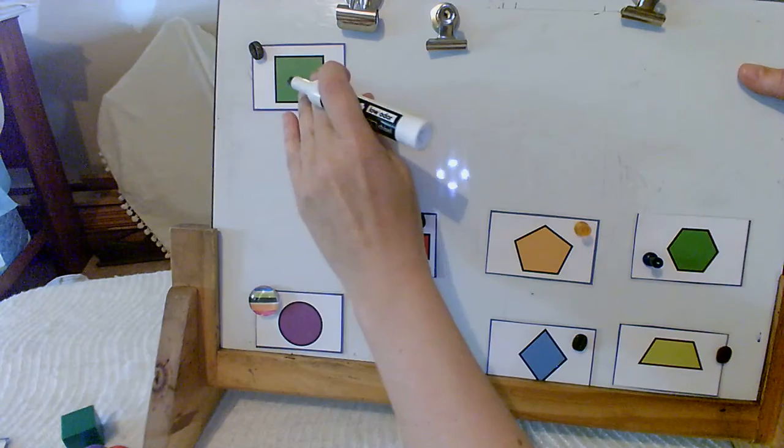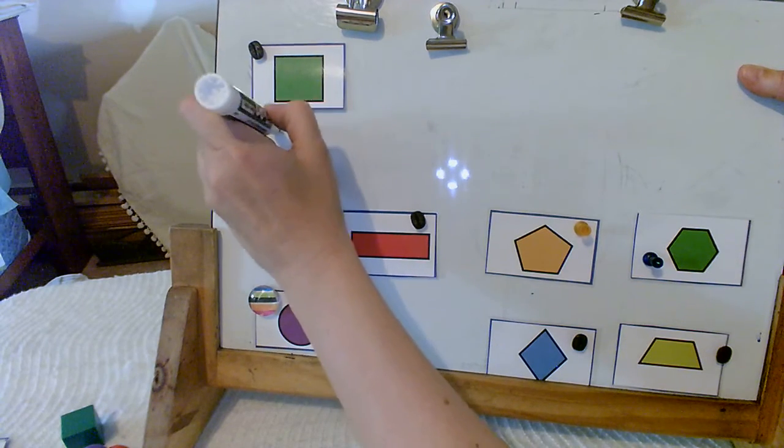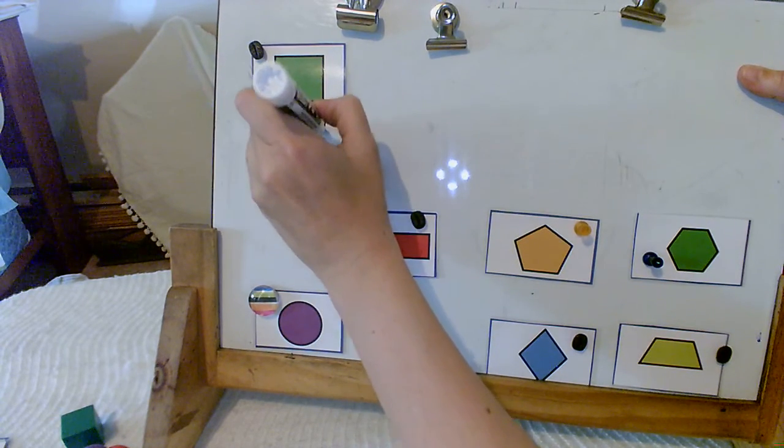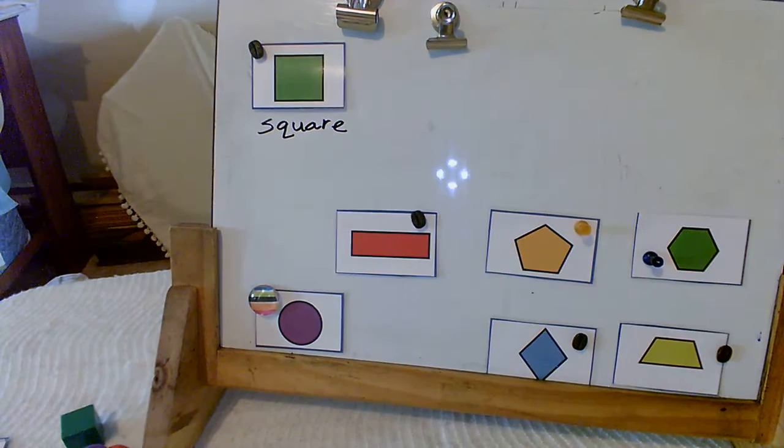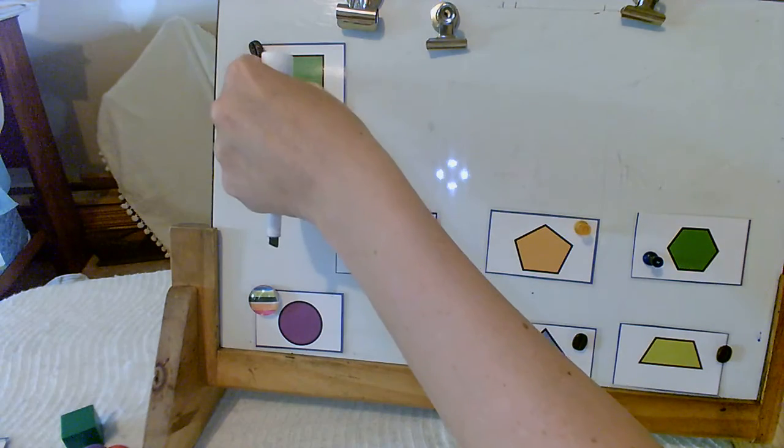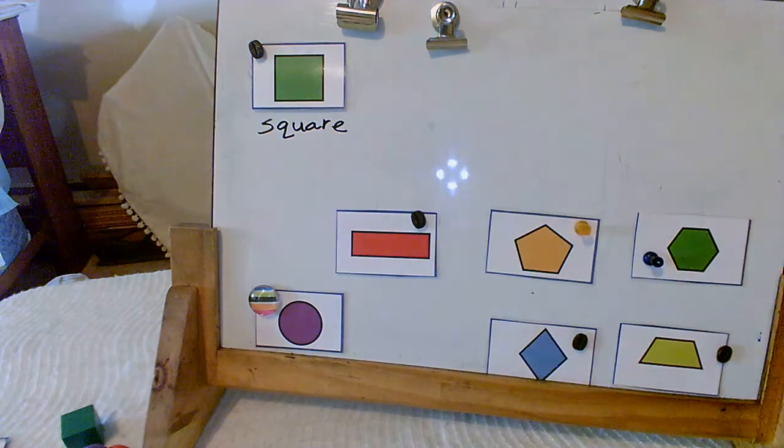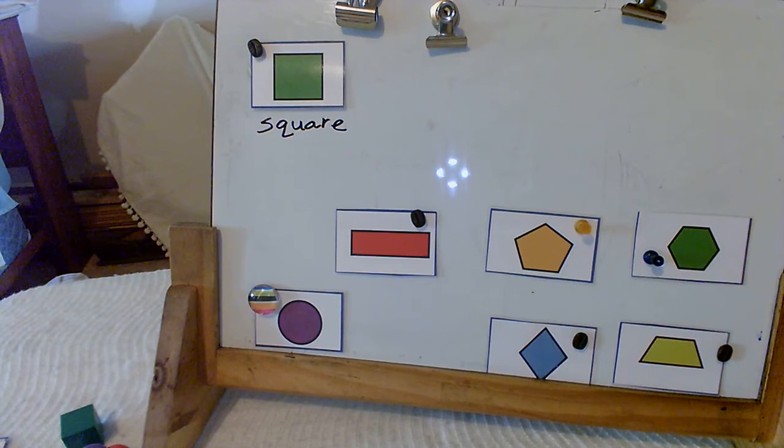So this one is a square. And a square is easily identified because it has 1, 2, 3, 4 sides, and all the sides are the same length.